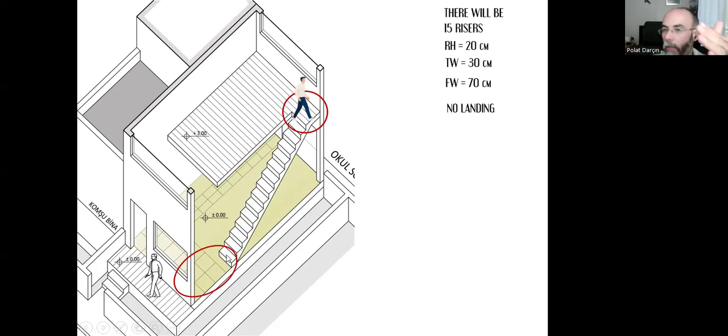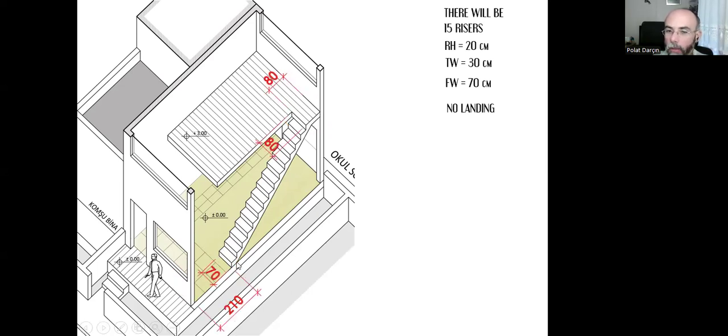And once they are on the first floor, they are face to face with this wall. Again, they need a space to turn 90 degrees. So these measurements need to be enough, and they shouldn't be less than 70 centimeters. Don't forget, this flight width needs to be the same as this portion here.